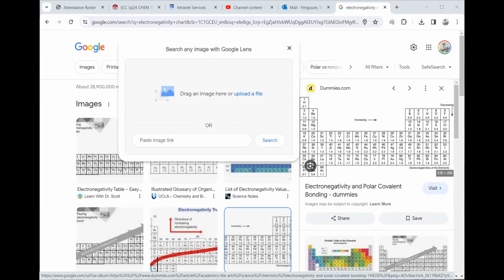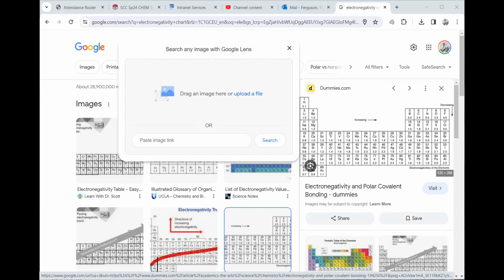Now, if you think about alkanes, what atoms are involved in alkanes? What two atoms? Carbon and hydrogen, period. Carbon and hydrogen have a 0.4. That's why alkanes are so nonpolar. Now, you can actually go all the way down to 0.